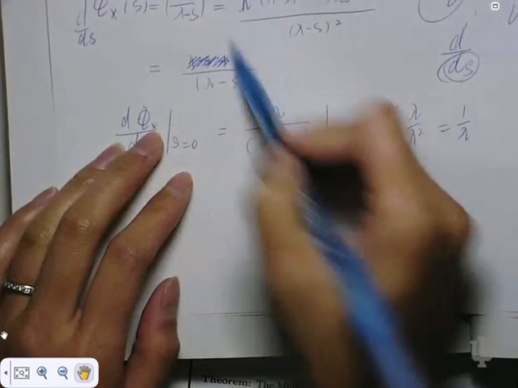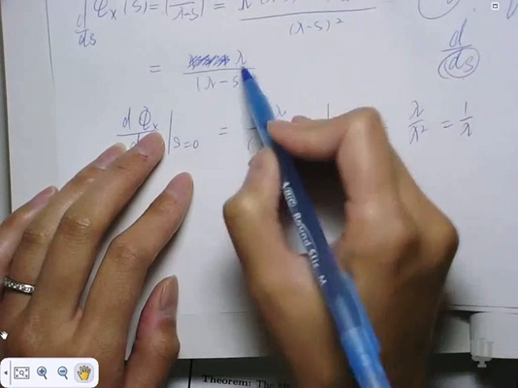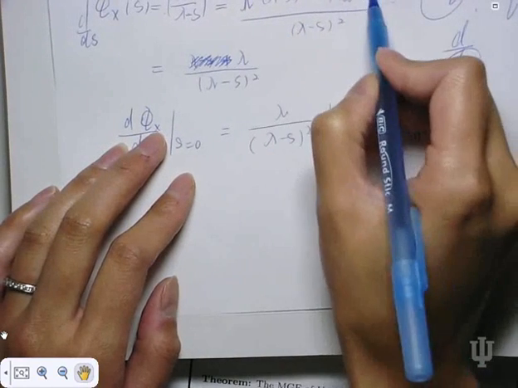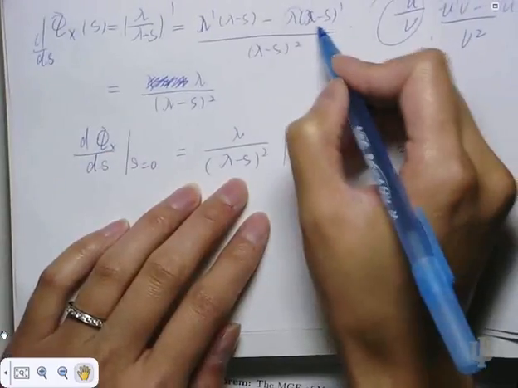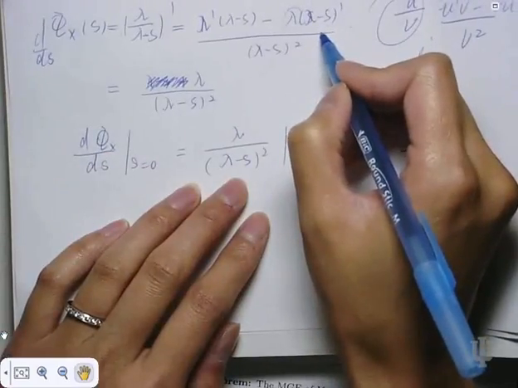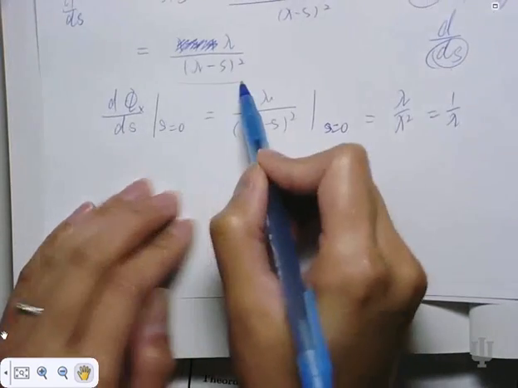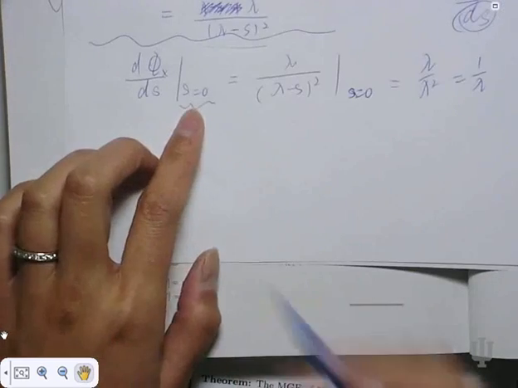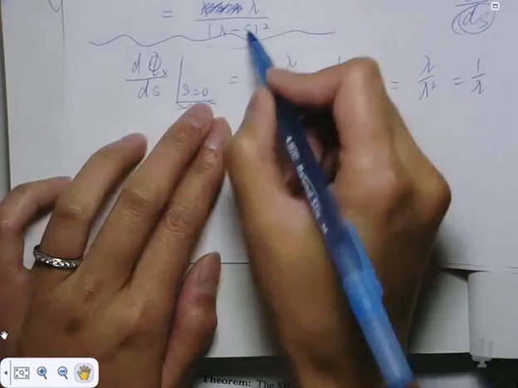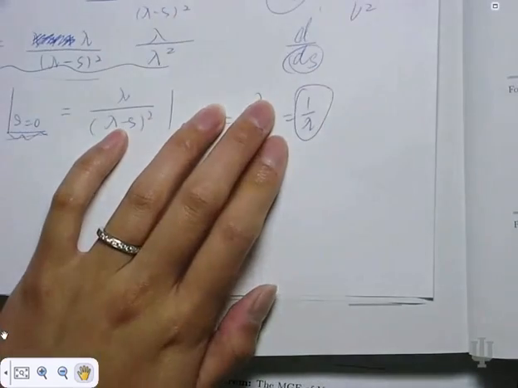So the constant value gives 0, and this gives me 1, yes, so lambda here, and then this is my result. But next step, let s be 0. It will be lambda over lambda square, which is 1 over lambda, right?